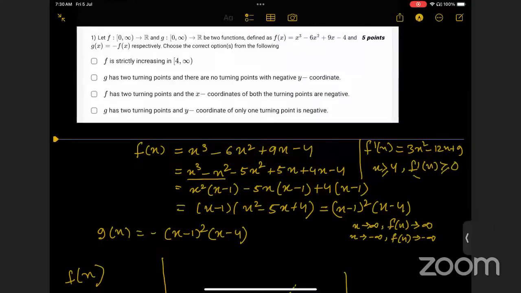That means the graph of f is increasing. If in that interval the derivative is strictly greater than 0, then the graph will be increasing, or if it is strictly less than 0, then it will be decreasing.